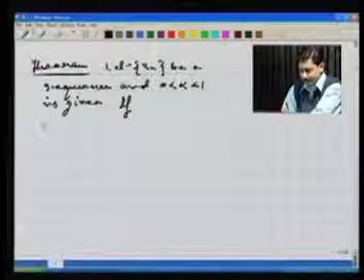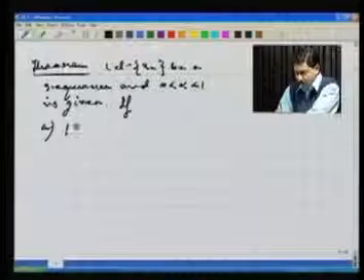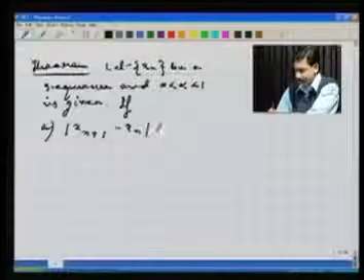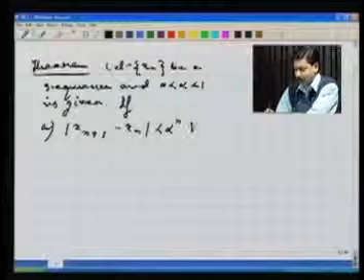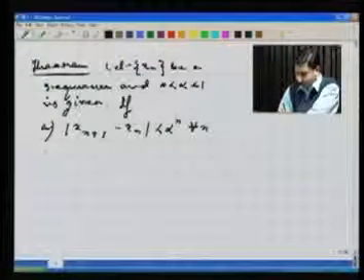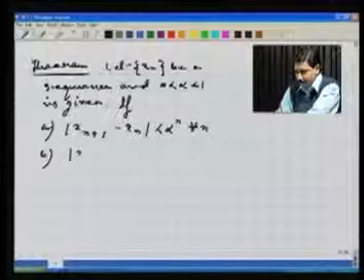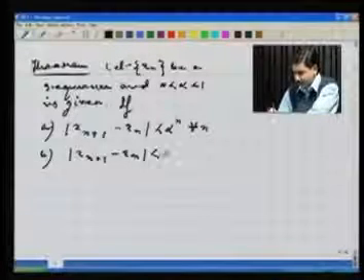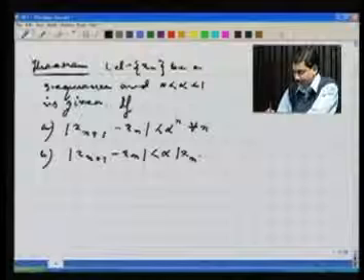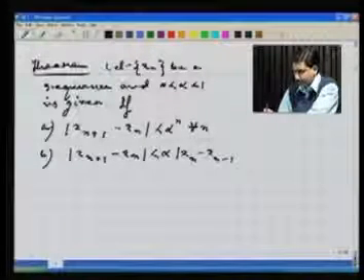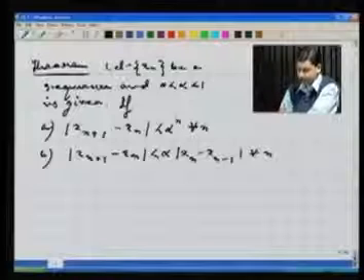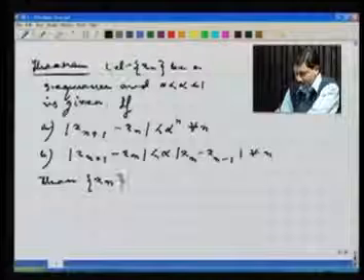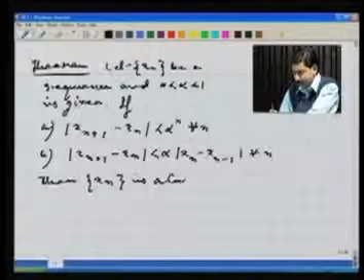If mod of xn plus 1 minus xn is strictly less than alpha to the power n for all n, or mod xn plus 1 minus xn is strictly less than alpha to the power n, then xn is a Cauchy sequence.